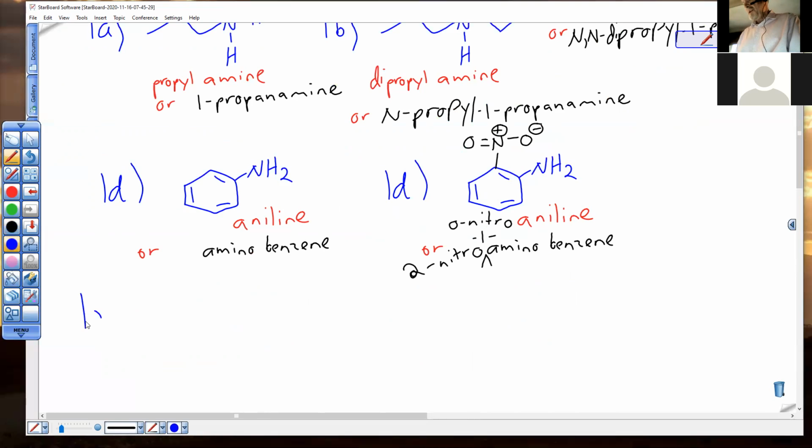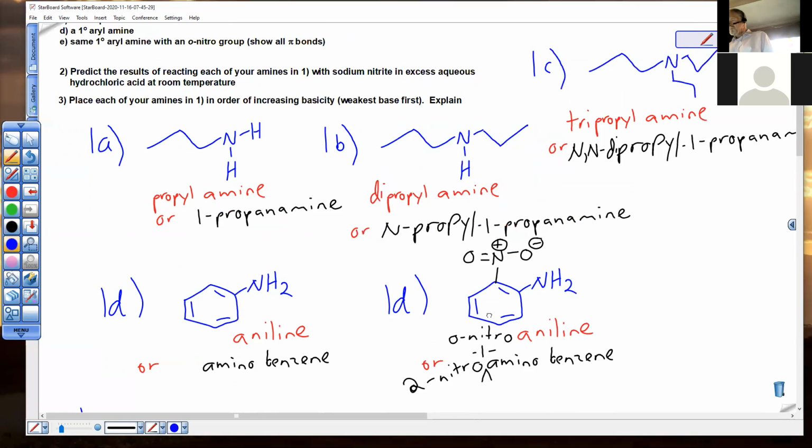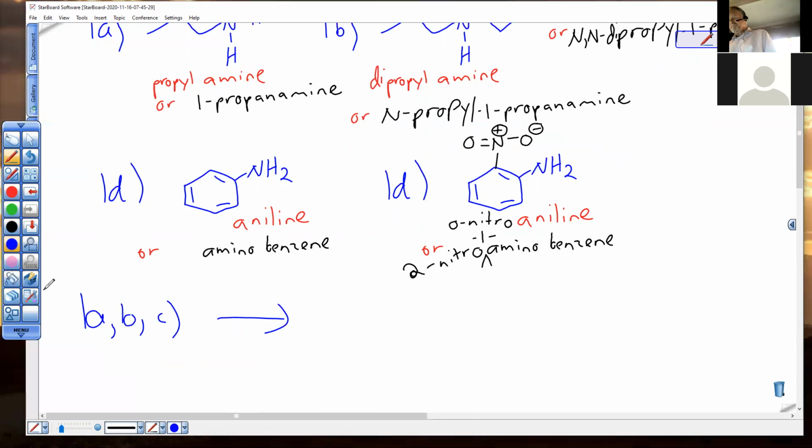In terms of products, A, B, C, you'd get a diazonium ion in all of them. No, I take that back. Forget about it. Plus my 1A looked like a B to start with. My eraser's too skinny. Here we go.